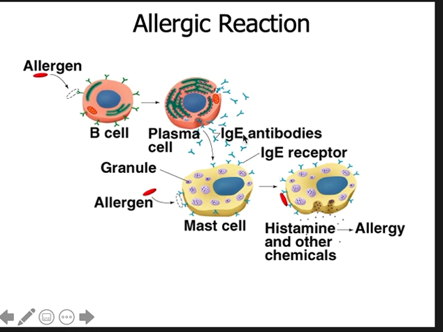And those IgE antibodies, in addition to some free-floating circulating IgE, the majority are going to be bound on mast cells. And mast cells, what their job is, whenever they get irritated or activated, they release histamine and other chemicals to cause inflammation.